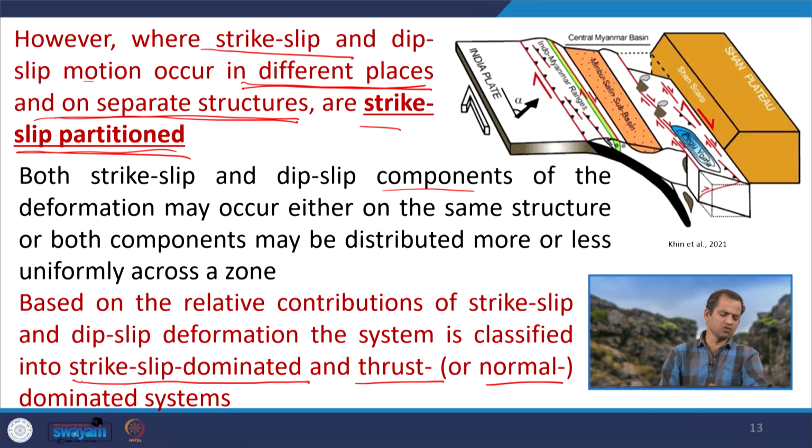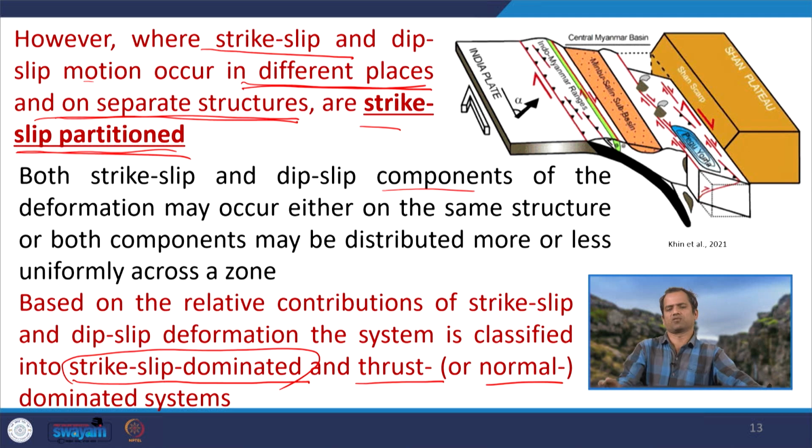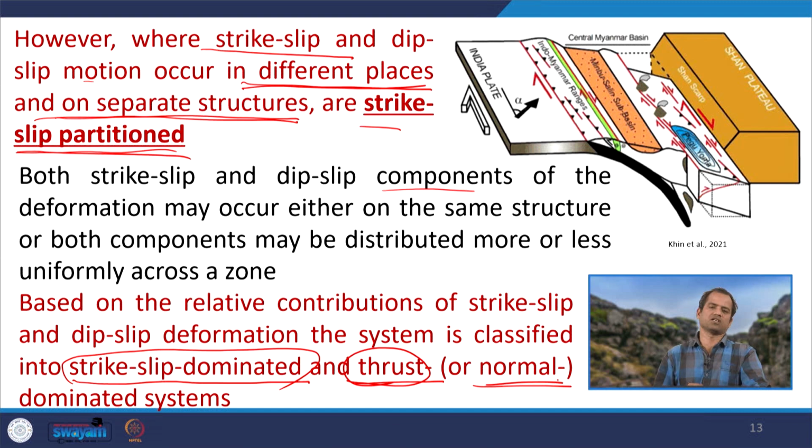If the dominant component is strike slip, it is a strike slip dominated system, and if it is compressional or thrust dominated, it is a compressional dominated system. If it is normal fault dominated, it is an extensional dominated system. So, either it is occurring separately or together. If it occurs together, we can classify it into three different components, but if it occurs separately, we say it is strike slip partitioned.